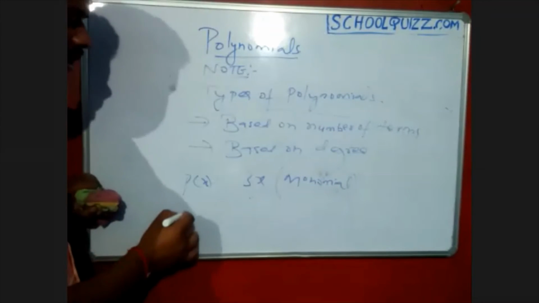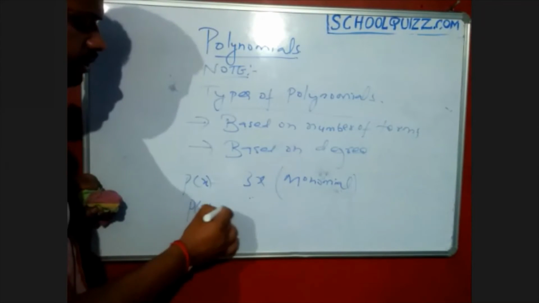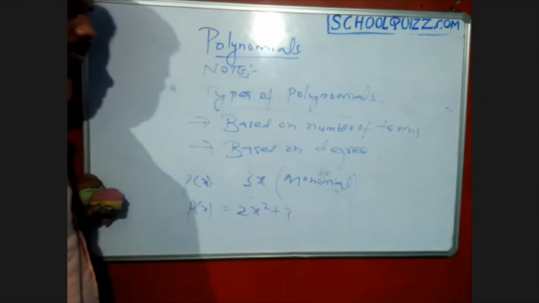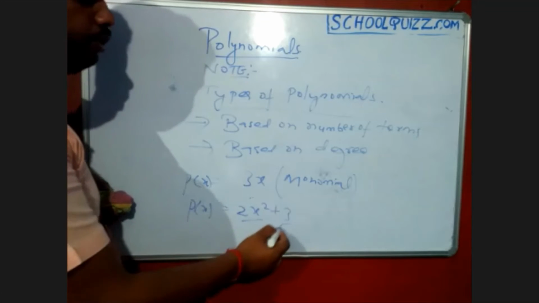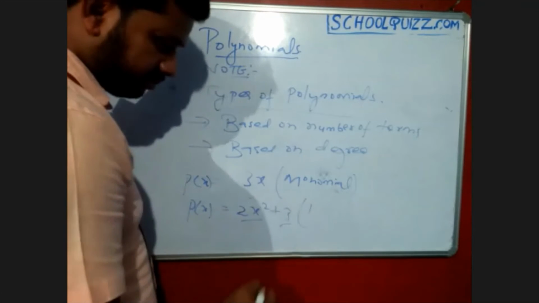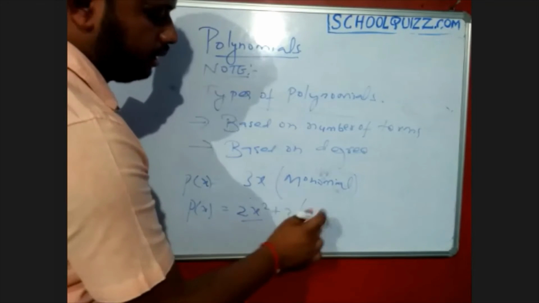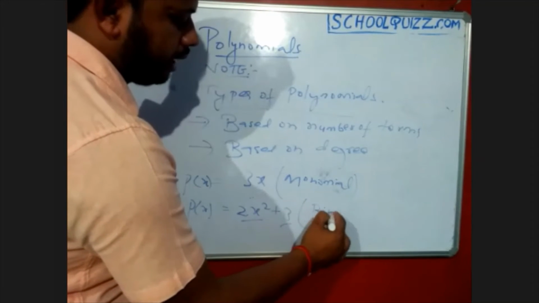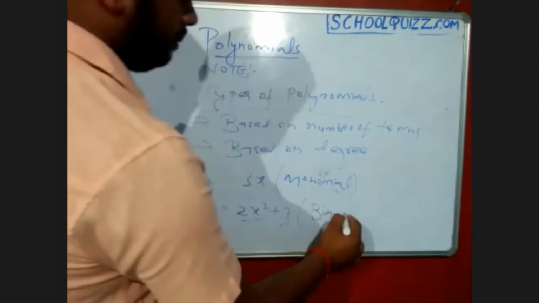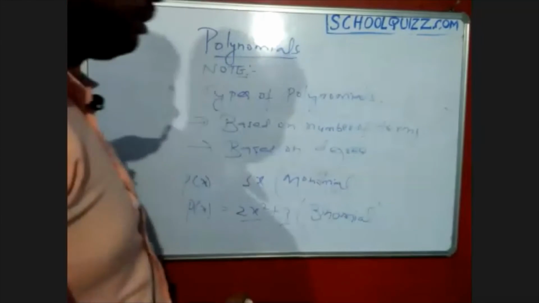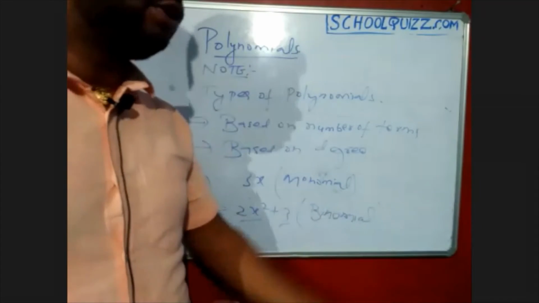If p of x is 2x square plus 3, how many terms are there? 1 and 2, two terms are there, and that is called binomial, because bi means two. So if 3 terms are there, trinomials, then multinomials they will say.